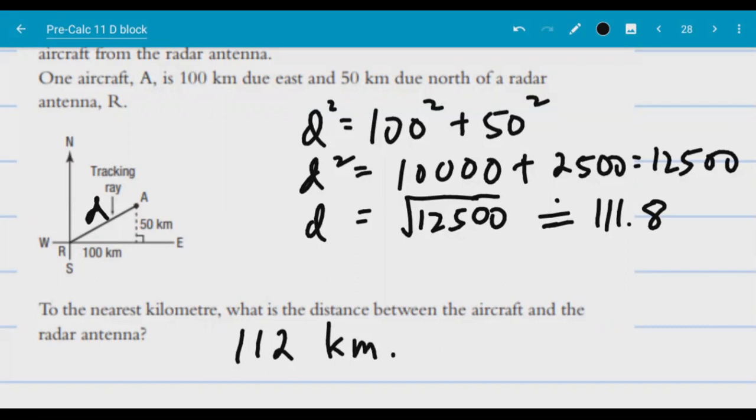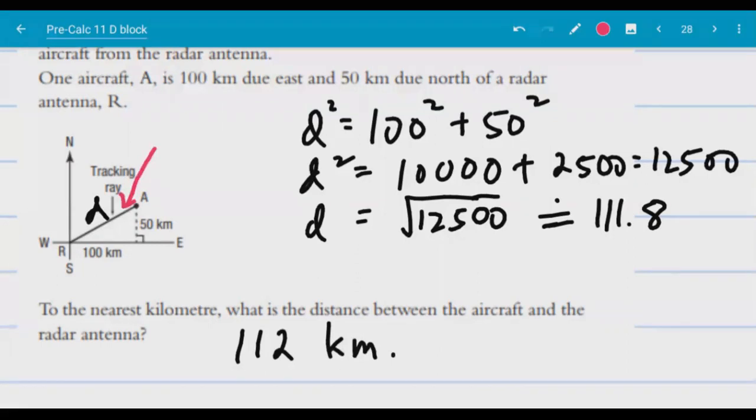Okay. Now, it also asks you, what is the angle between the tracking ray to the aircraft and due east? All right. What is that angle? So if you're wondering, okay, which one are we talking about? Okay, so the tracking ray is this one right here, right?